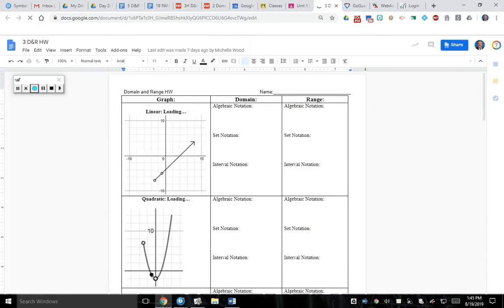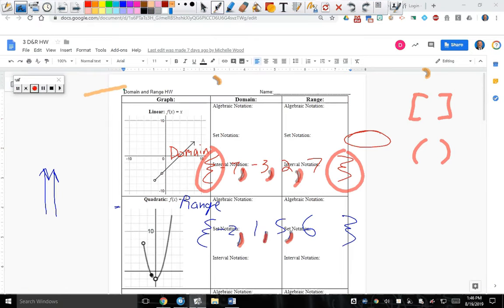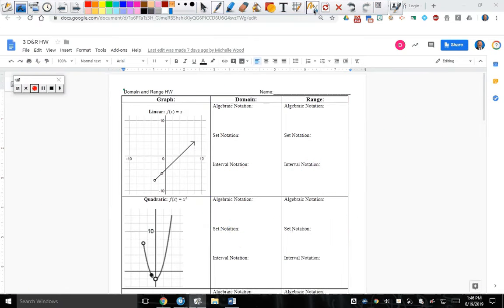This is a very good copy where you can see all the lines. If you look at your paper, not all the lines copied, okay? So instead of printing off 120 more copies, because that's how many algebra students I have, just look at what I provide online and go from that, please. You'll have to cross-reference sometimes if you can't see the lines, okay? All right, so here we go.